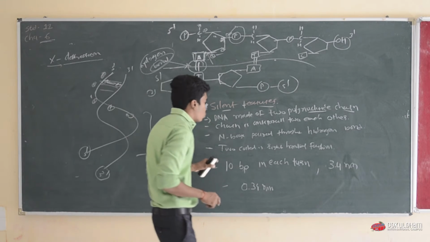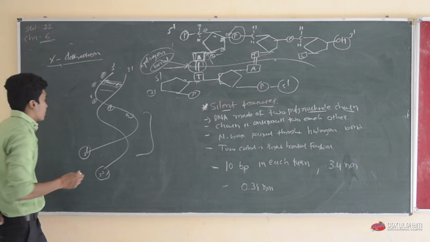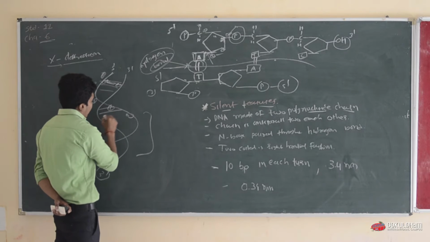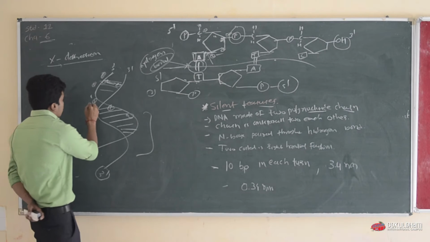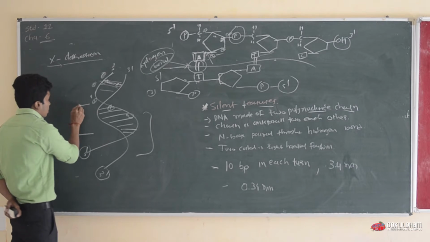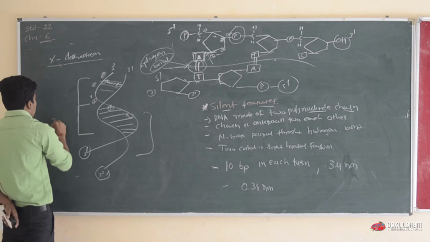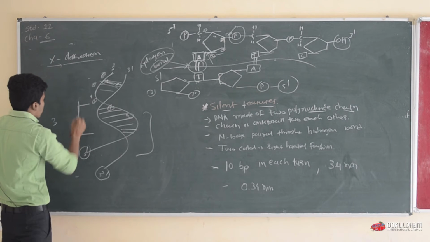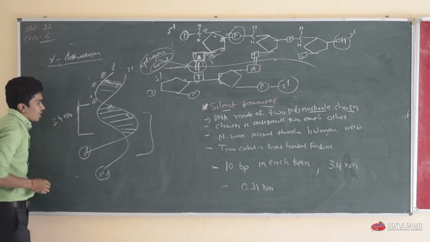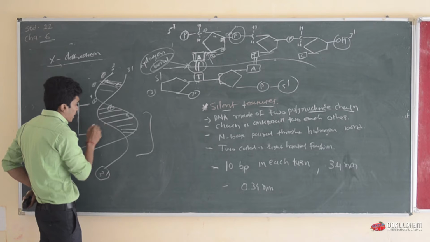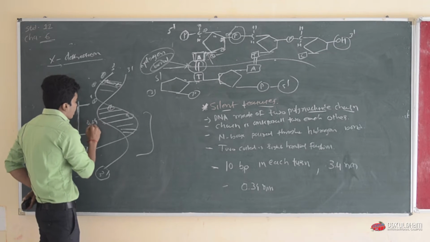The two chains coil in a right-handed fashion. Another salient feature is that DNA has 10 base pairs in each turn. The length of one complete turn is 3.4 nanometer, and the distance between two base pairs or two nucleotides is 0.34 nanometer.